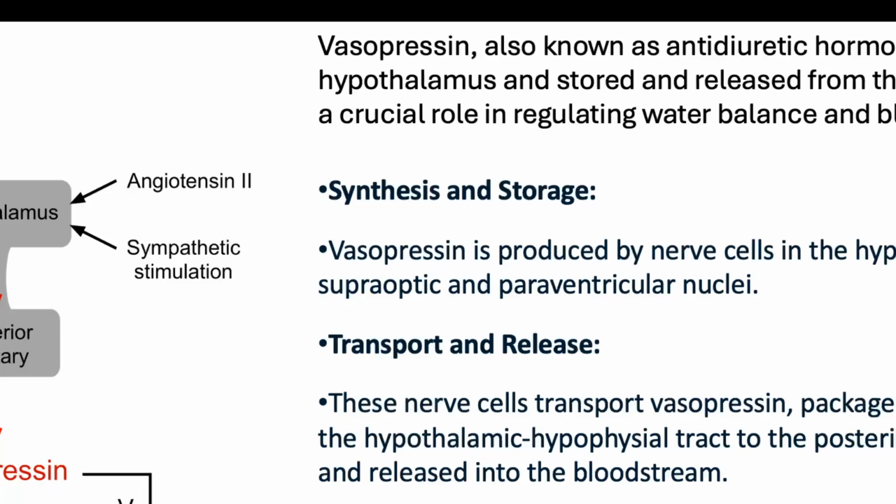So these are the variety of roles that vasopressin plays in our body. It is synthesized in the hypothalamus, stored and released from the posterior pituitary, and majorly functions in retaining water balance and blood pressure of the body. So this is the hormone vasopressin, also known as antidiuretic hormone, ADH, secreted by the pituitary gland.